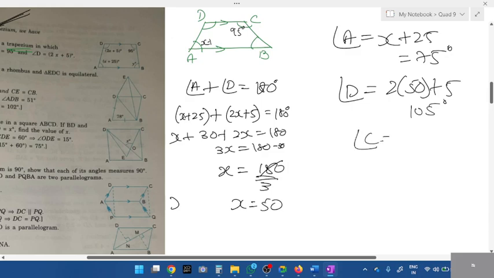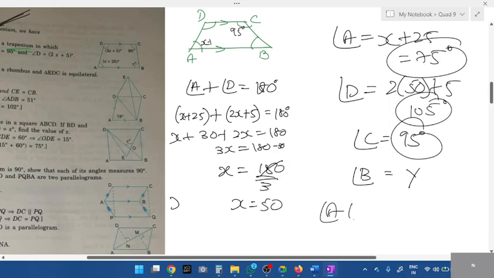What is angle C? 95. Angle C is already given as 95. What is angle B? y. If one value is missing, which concept do we use? Yes, correct. Sum of angles of a quadrilateral. Find the value of y, all of you. Be quick.